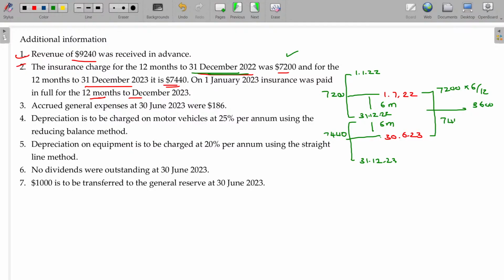Thereafter, 7,440 is for the entire 12 months, but I need to find out only for this 6 months, into 6/12, then this value being 3,720. Now the total amount for that accounting period being 7,320.